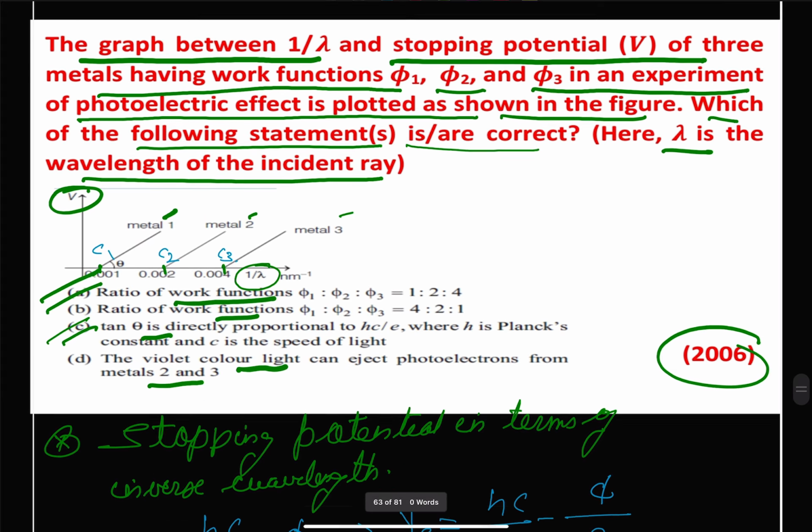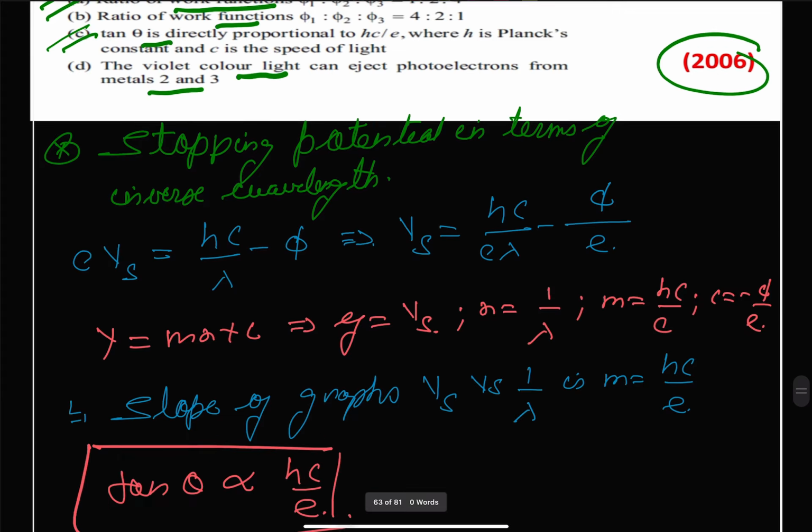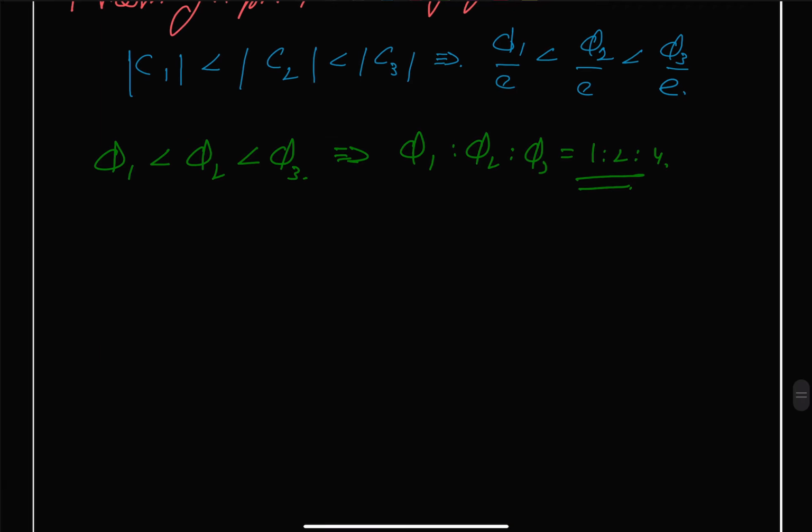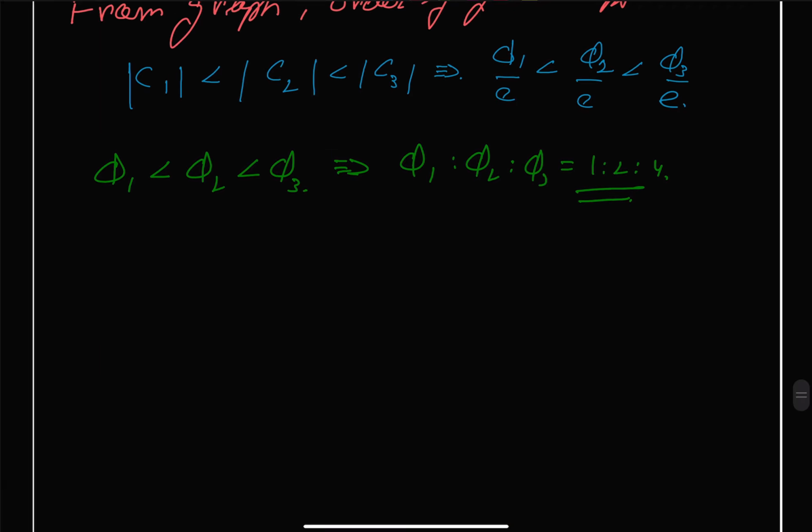So we have 3 metals, and we can find out the threshold wavelength.